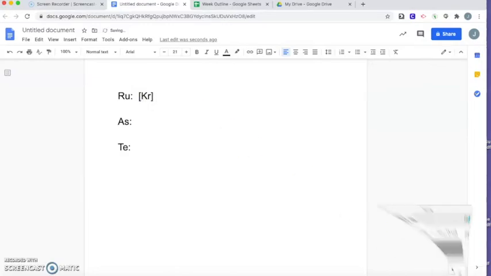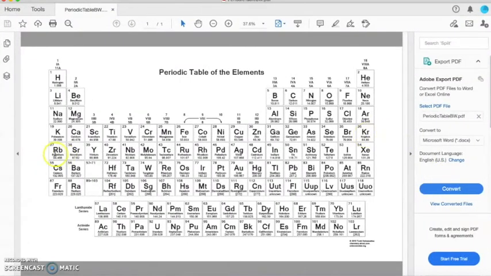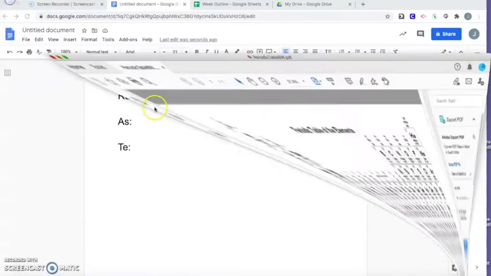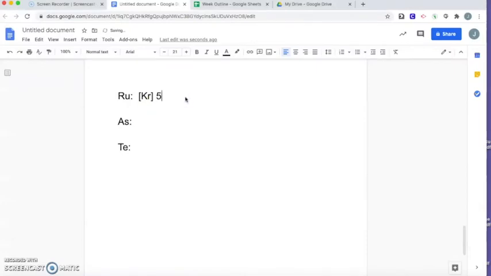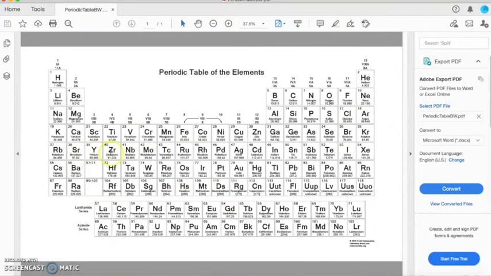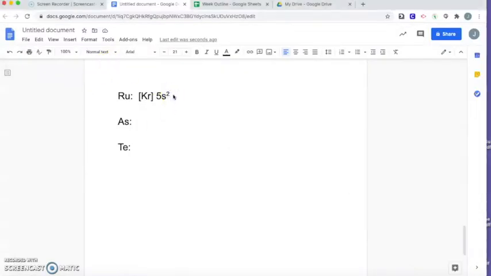And then I just pick up after krypton. So krypton, and then I go here, and this is 1, 2, 3, 4, 5s2. And then I can go 1, 2, 3, 4, 5, 6, 4d6. And that's the abbreviated configuration of ruthenium.